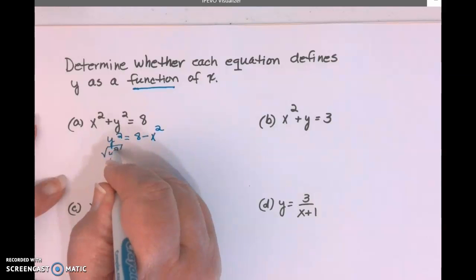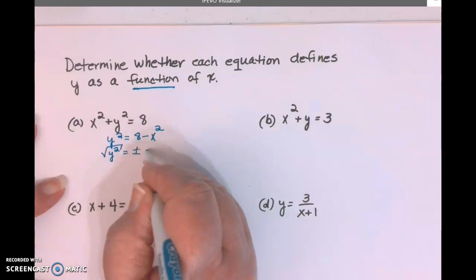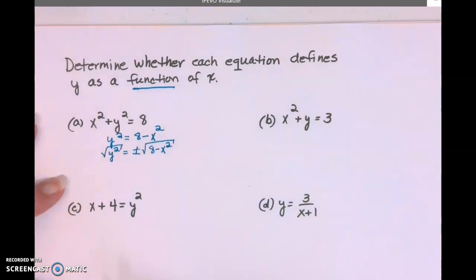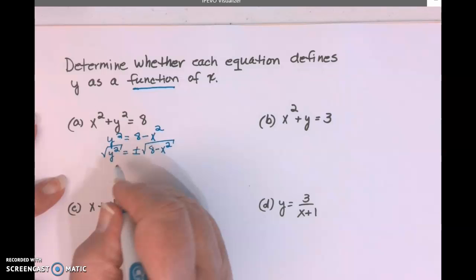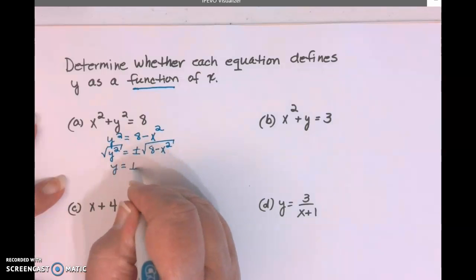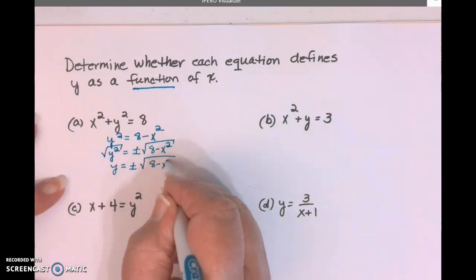So that'll be the square root of the y squared, and that will equal plus or minus the square root of everything on the right. And now to simplify, we have that y equals plus or minus the square root of 8 minus x squared.